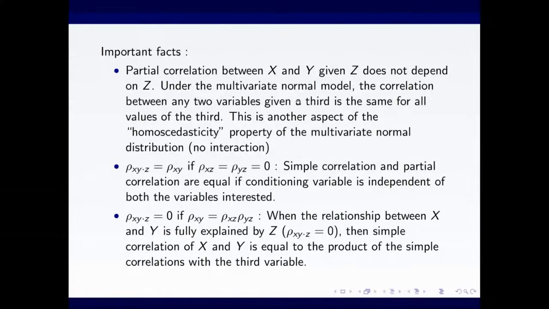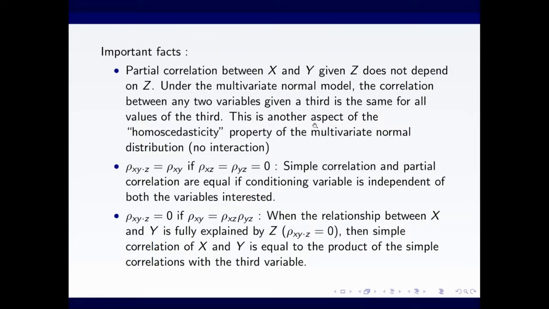Some important facts: the partial correlation between x and y given z does not depend on z. We are thinking that z is given, and we only think about the partial correlation of x and y. Under the multivariate normal model, the correlation between any two variables given a third is the same for all values of the third, which means that there is no interaction with z.